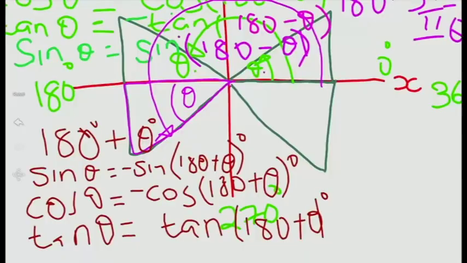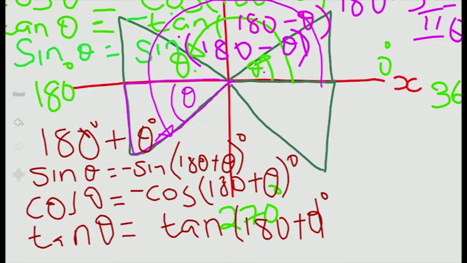From the first quadrant to the second and third quadrants, we've only used the x-axis. We started measuring from 0 for the first angle, and then we had 180 for the second and third quadrants. We subtract from 180 or we add to 180. That's how we find the corresponding angles in the second and third quadrants.